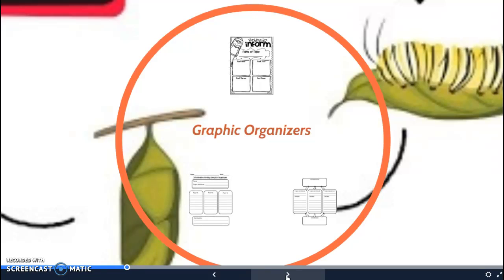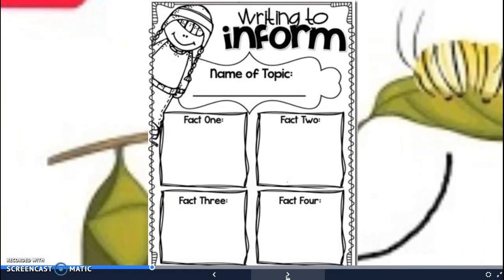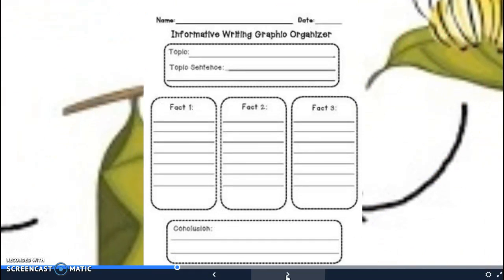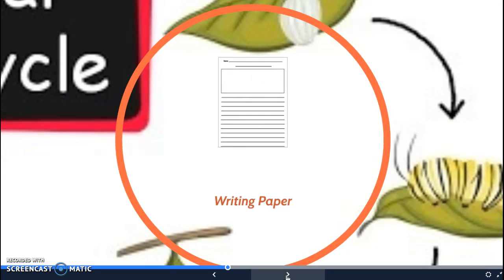Several graphic organizers were used as a form of differentiation so that students would have a clearer understanding and a more clear way to write their paper. This was the final paper that students used for their draft.